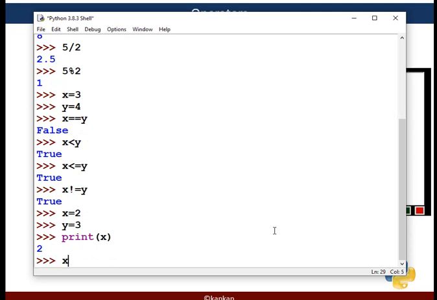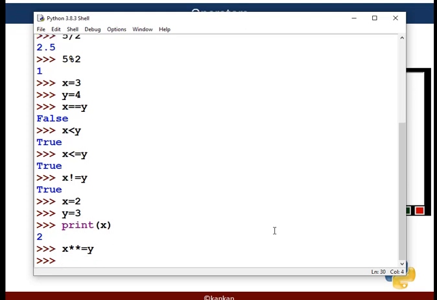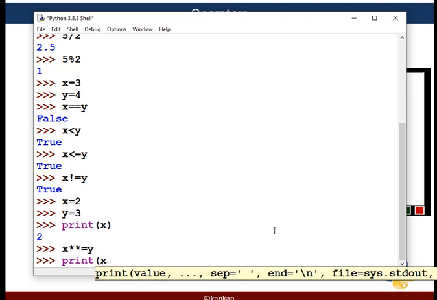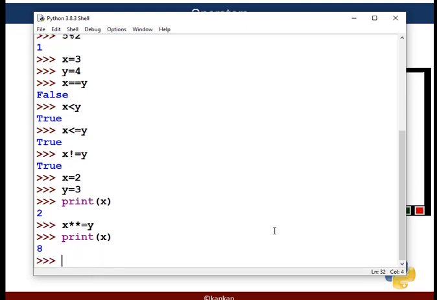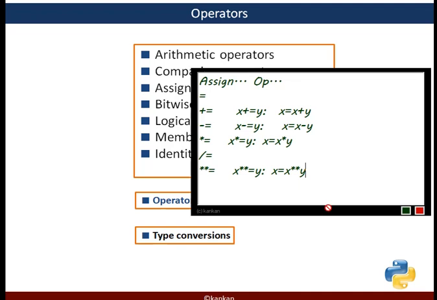Now write down the expression x equals y, and what will be the value? Print x: 8. So this is for your hands-on workshop about Python. You have learned it.